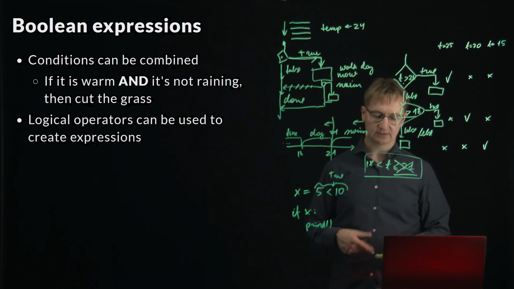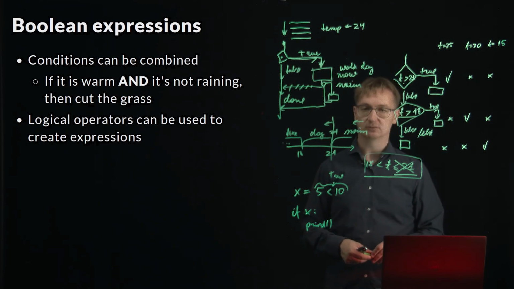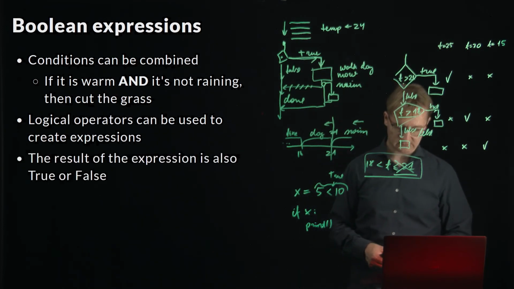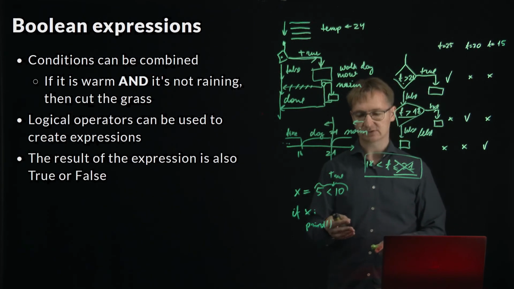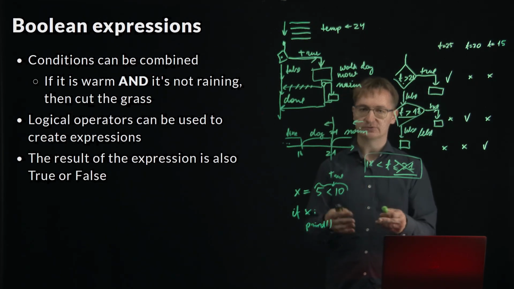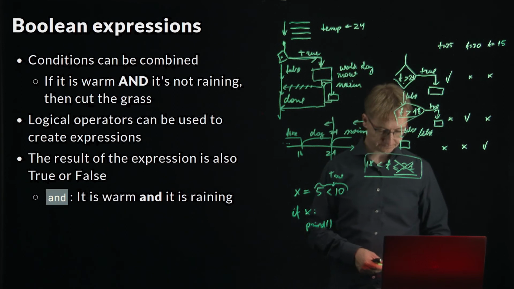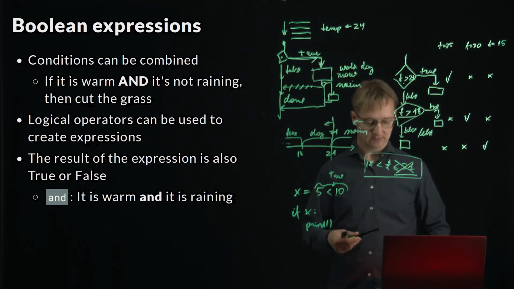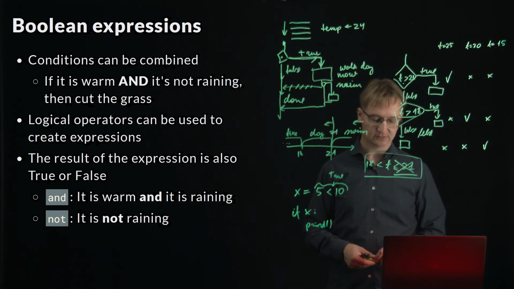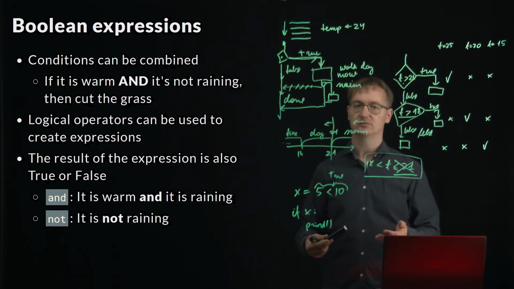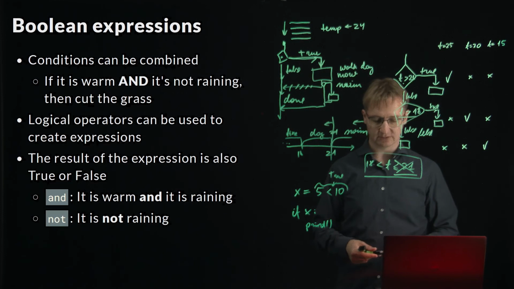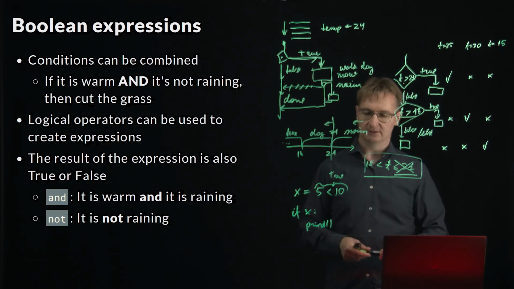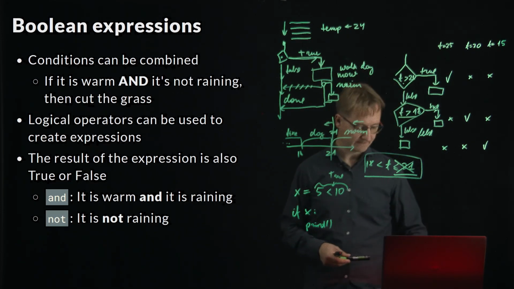And logical operators can be used to create expressions. The result of the expression will also be true or false. For example, if it's warm and it is raining, or for example, if it's not raining. Not is also something you can use along with Boolean values.